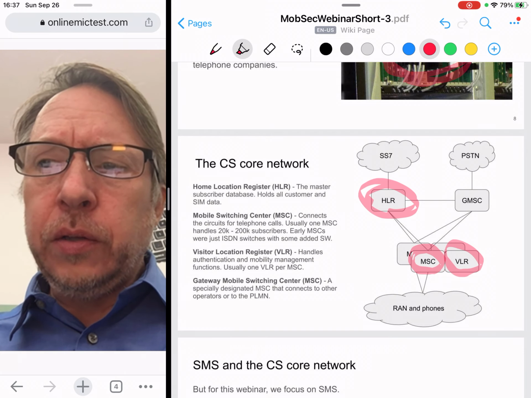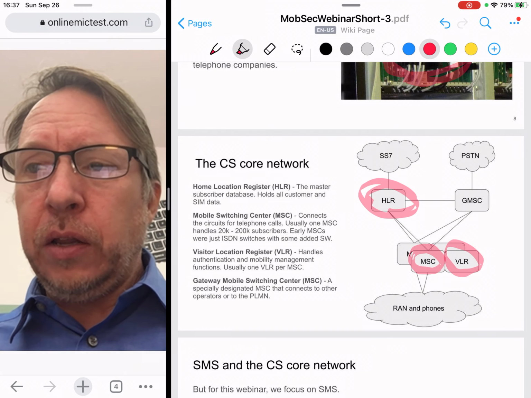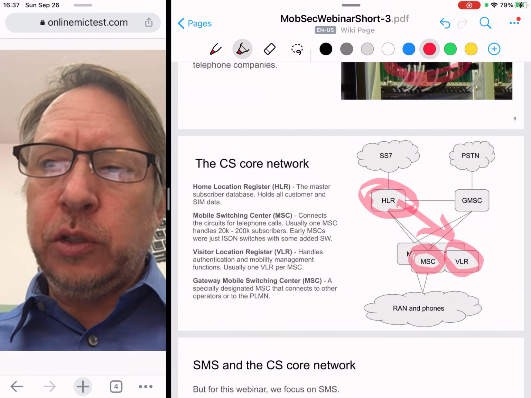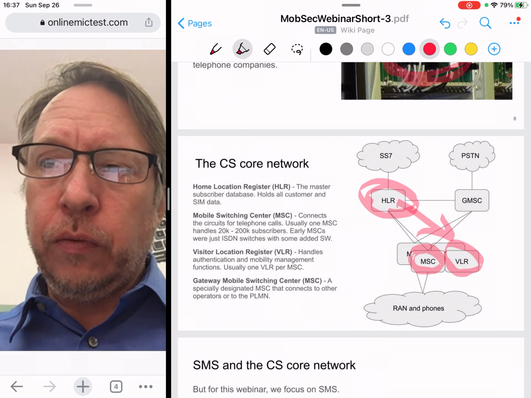The VLR in some ways is like a cache of data that was received from the HLR. And the reason you need a cache like this is because in the situation of roaming, the VLR and the HLR may be on different sides of the world. So you need to do this to optimize the performance and reduce global accesses on the SS7 network.